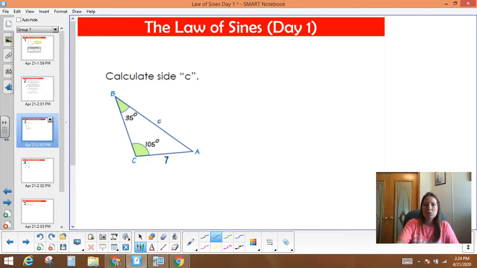So using that law of sines formula, you see here we're looking for side C. So I can say C over the sine of the angle opposite that side, so sine of 105, is equal to, and then we know 35 degrees, so we go to the side opposite that, 7 over sine of 35 degrees.